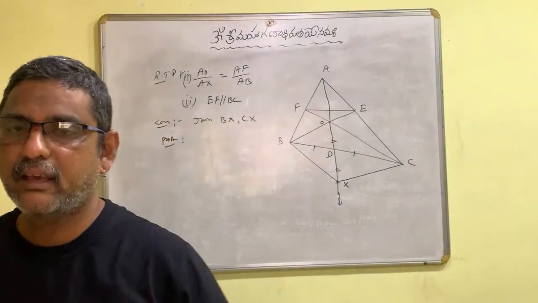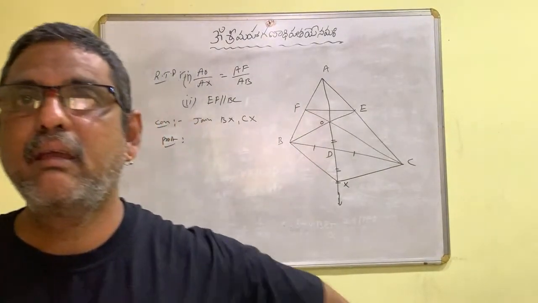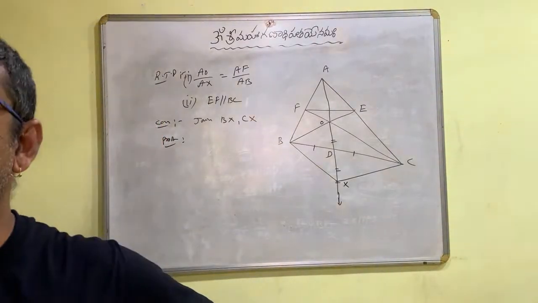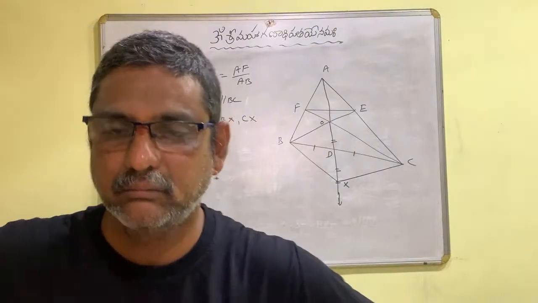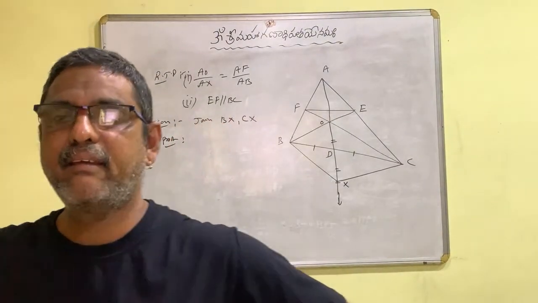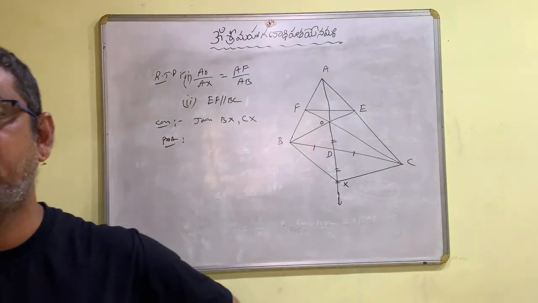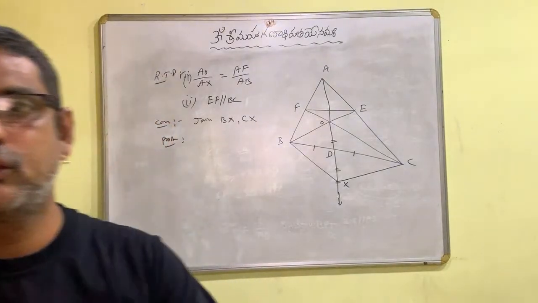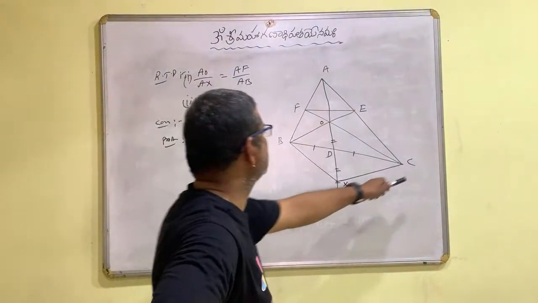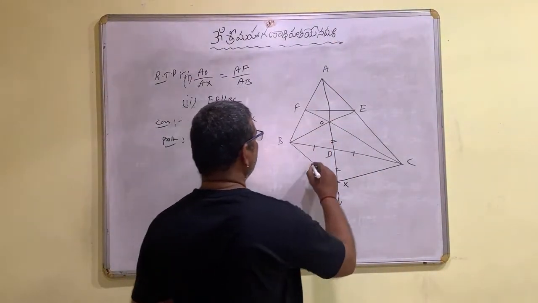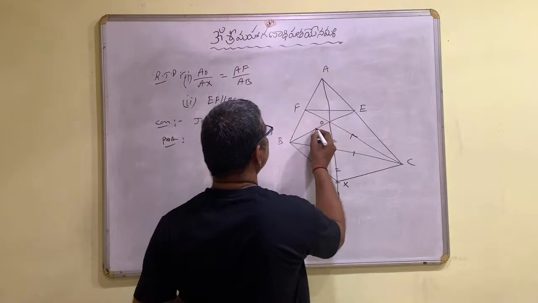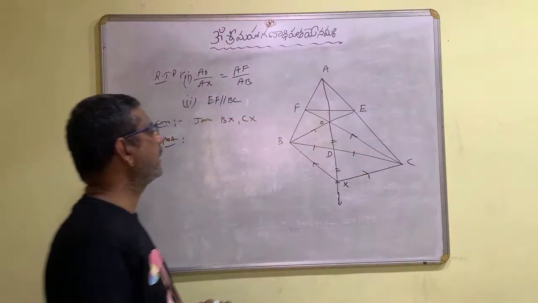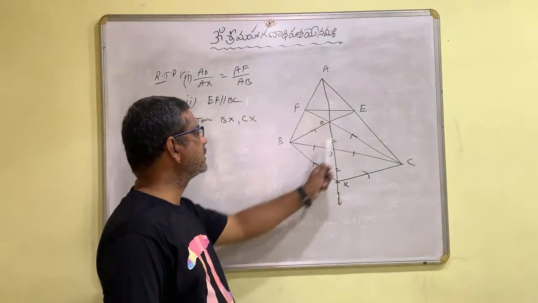Conversely, in any quadrilateral, if diagonals bisect each other, we can call it a parallelogram. So, BXCO is a parallelogram. These two are parallel, these two are parallel.